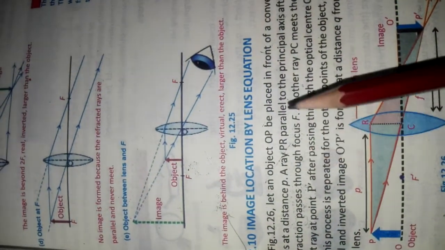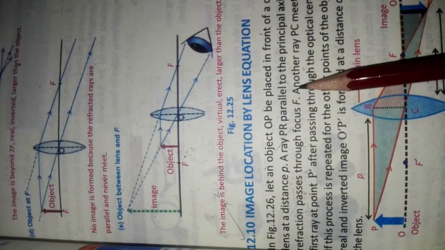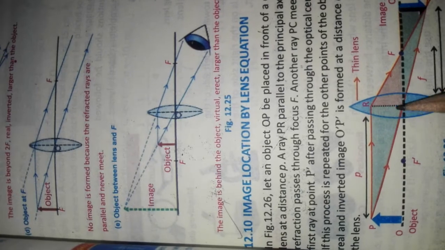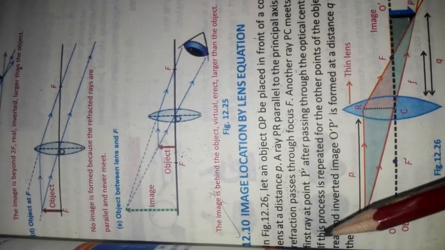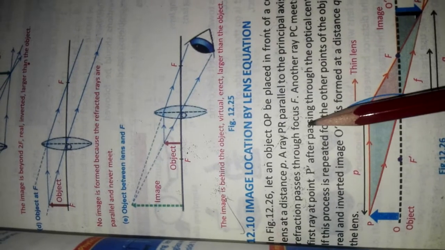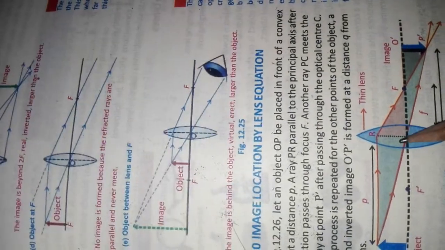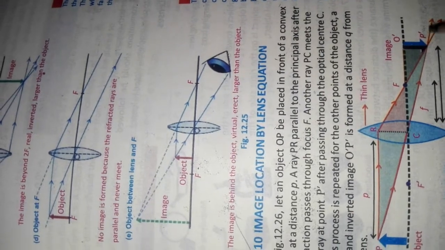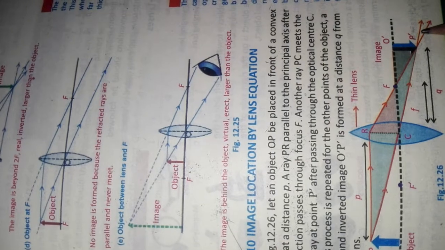A ray PR parallel to the principal axis after refraction passes through focus F, capital F. This is the parallel ray that passes. Another ray PC meets the first ray at point P', as the C and P'. This is the refraction of light. Clear?